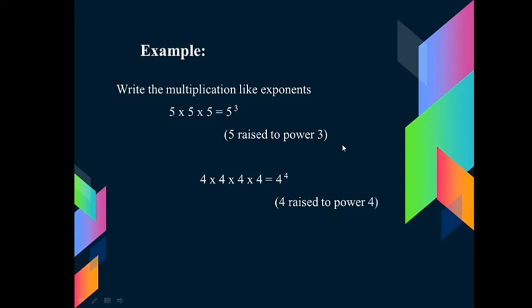Here 4 is multiplied with itself 4 times. Then one more, 3 into 3 into 3 into 3 into 3 is equal to 3 raised to the power 5. So 3 is multiplied with itself 5 times, that's why we have taken 3 as a base and 5 as an exponent, and as I have read, the same way you have to apply to read this.